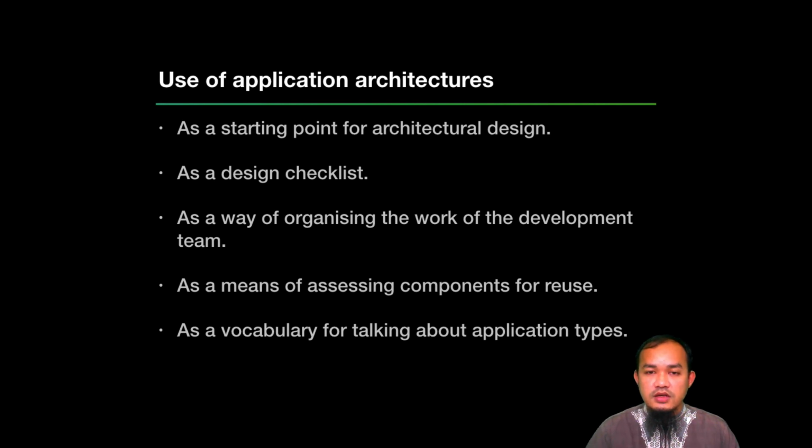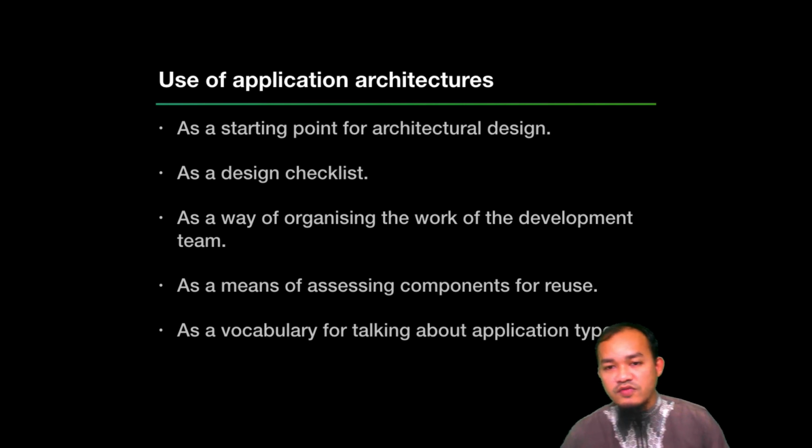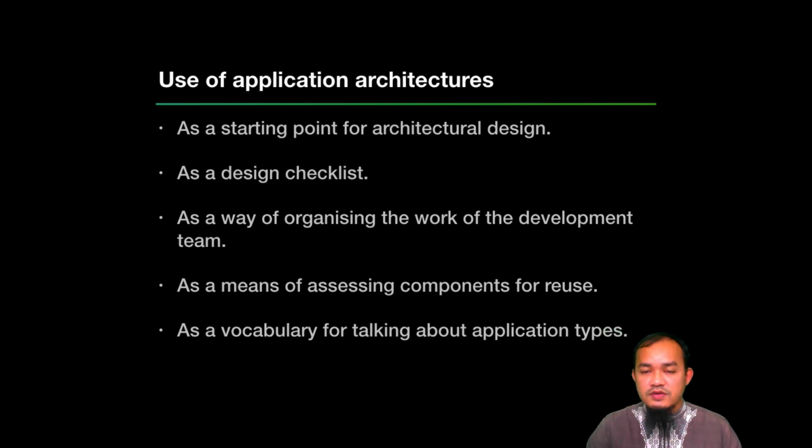You should take the architecture that already exists, and then try to modify that point if you have some specific requirement. Also as a design checklist, as a way of organizing the work of the development team, as a means of assessing components for reuse, and as a vocabulary for talking about application types.